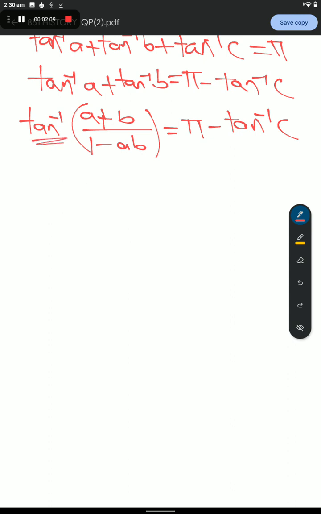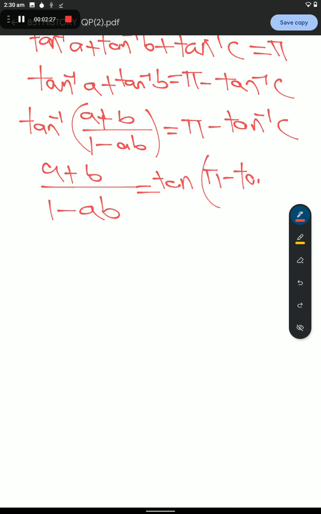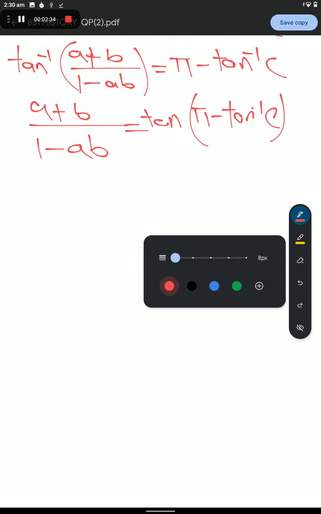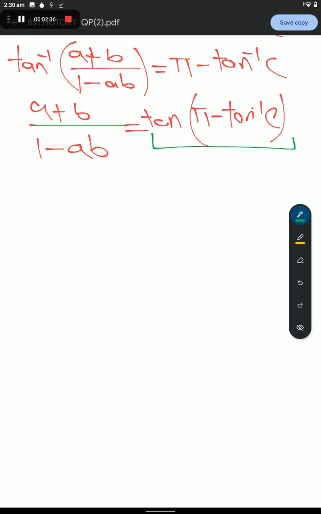Remember that when you bring tan to the other side, it becomes tan inverse, and when you bring tan inverse to the other side, it becomes tan. So here we are left with (A plus B) by (1 minus A times B) equals tan of (pi minus tan inverse C). Now what is the general solution of this part?